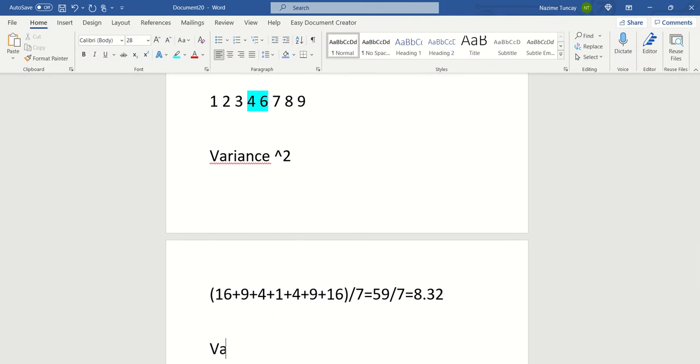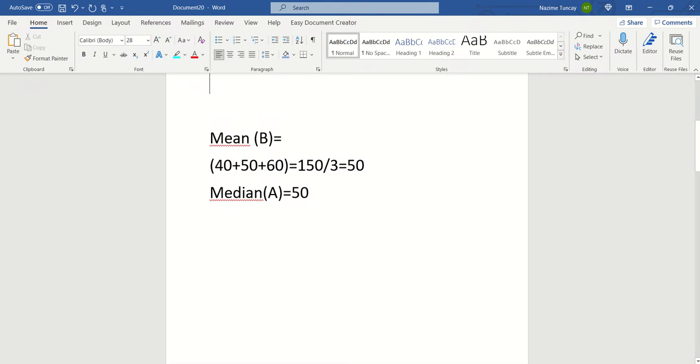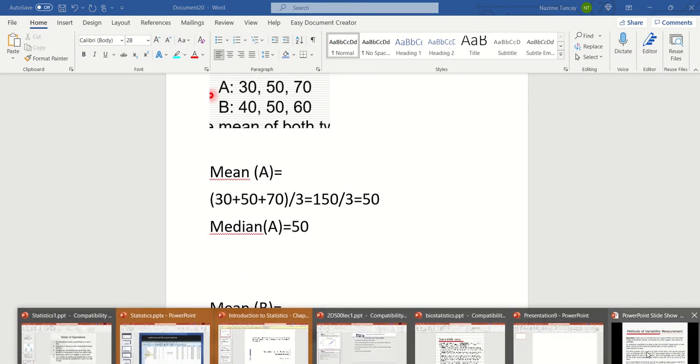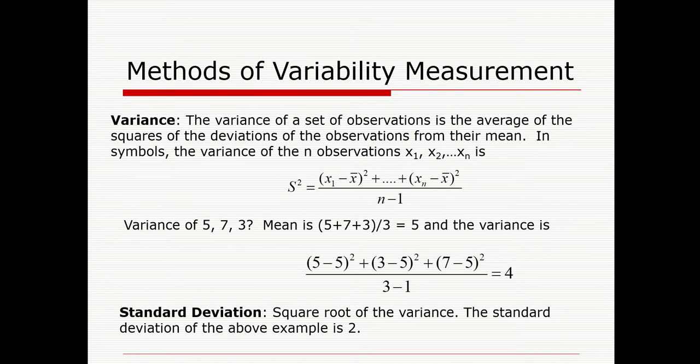So what is variance? What is standard deviation? Standard deviation, we have seen in our slides, is the square root of the variance.